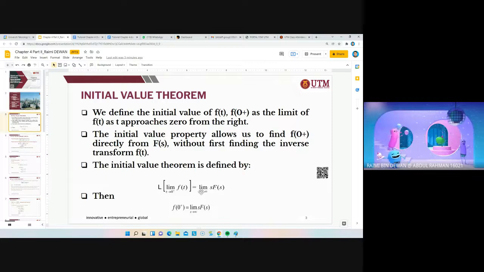It is vice versa. Make sure you don't just read recklessly, but focus on what is written here. In order to get the time domain value back, f(0+) is the limit as s approaches infinity of sF(s).